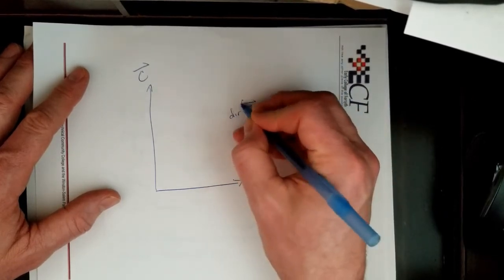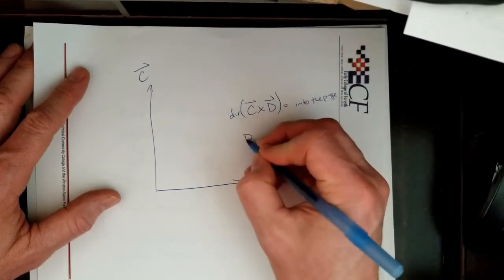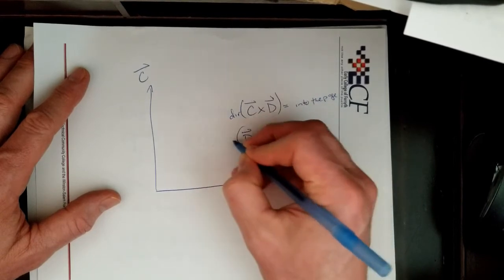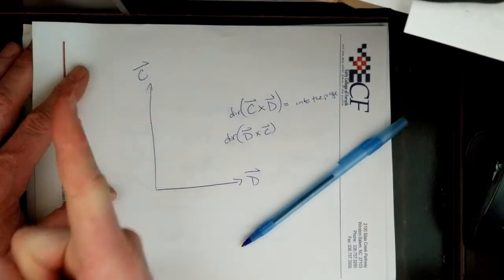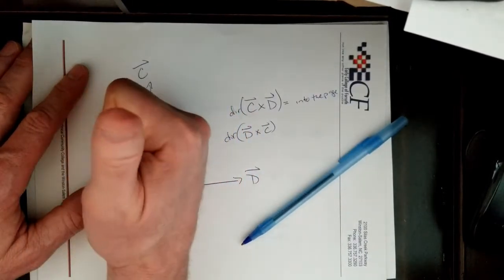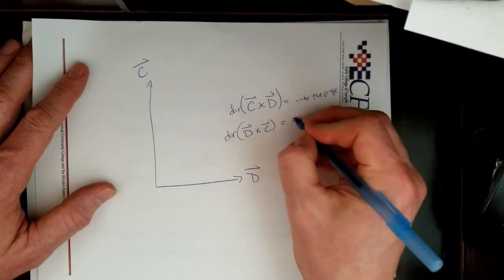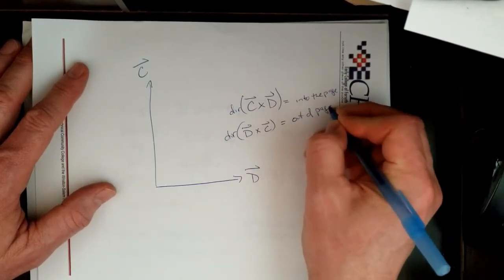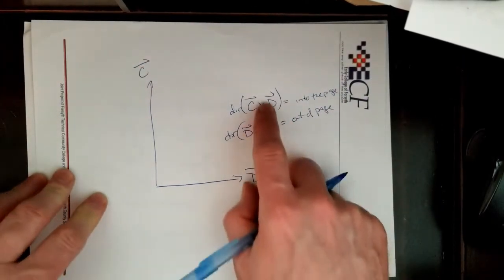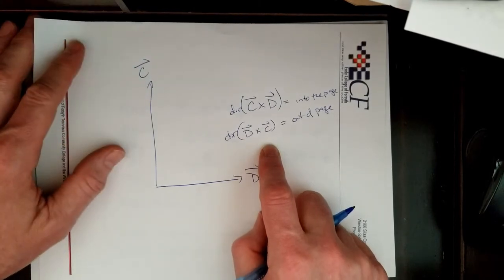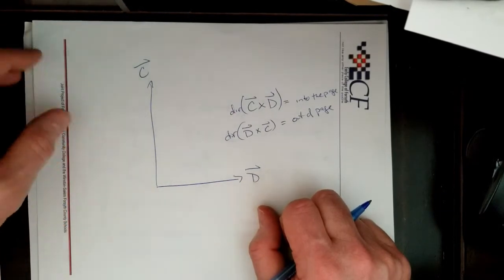Now notice if I did D cross C, well, D is pointing off this way, C is going that way. So I bend my fingers the quickest way, my thumb points upwards. So this is out of page. So the commutative property does not hold because even though the magnitude is the same, the direction is completely opposite. Just like if I push on a door from one side of it, I get a completely different result than if I push on it from the other side.